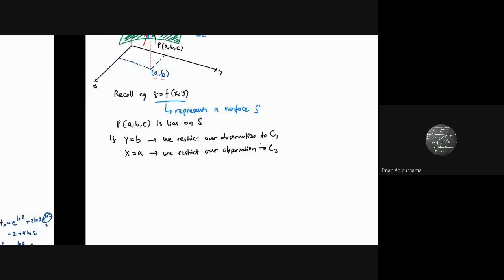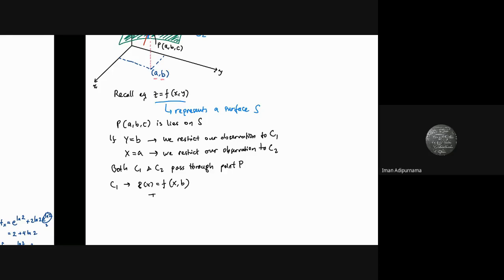And then both C1 and C2 pass through point P. Okay, and C1 is the graph of a function when y equals b, right?